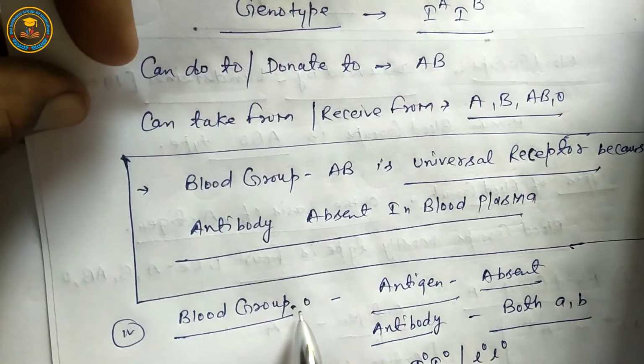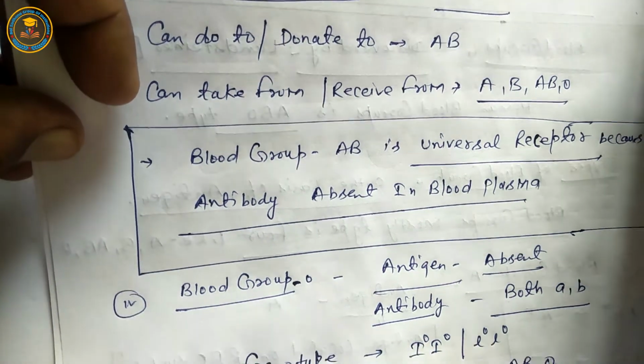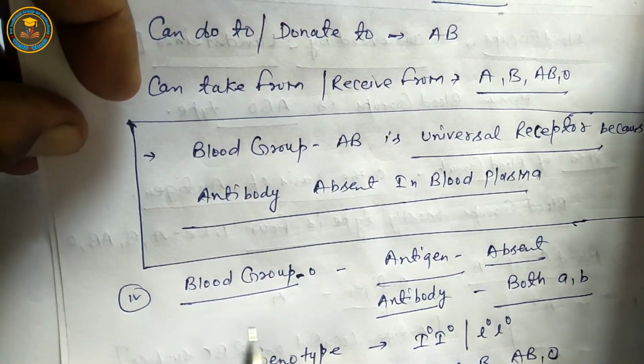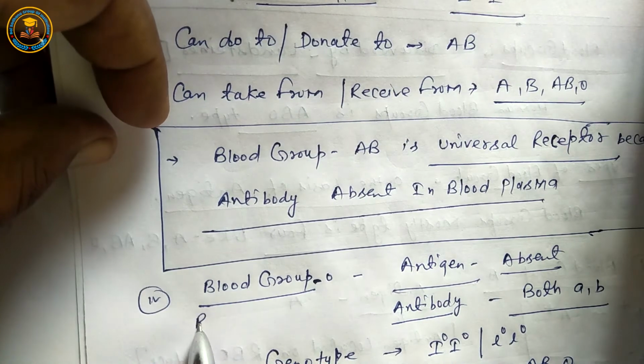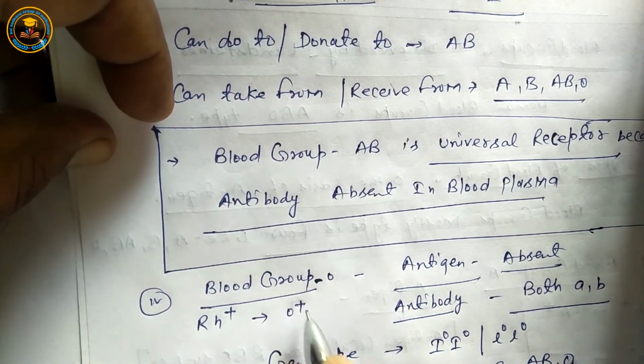Next, blood group O is antigenless. Some blood group O people have a single RH antigen, so it is called O positive.